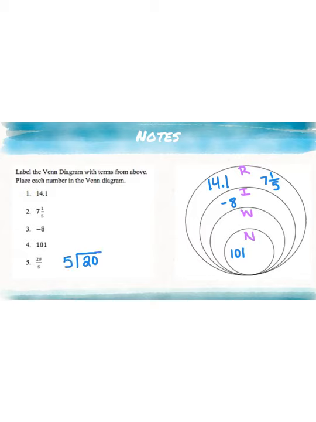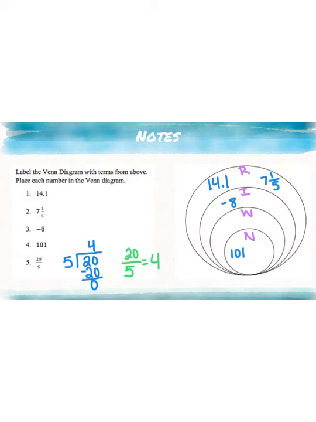And we need to figure out how many times 5 can go into 20. Well, 5 times 4 is 20. So 25 fifths is actually 4 wholes. So 25 fifths is equal to 4.